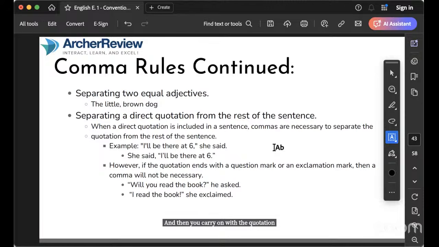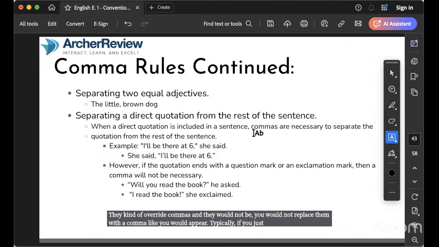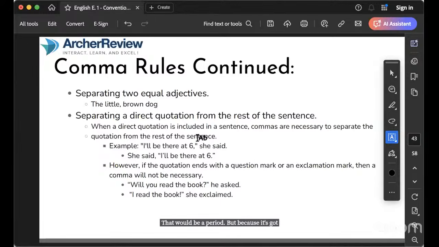Now, if a quotation ends with a question mark or an exclamation mark, they kind of override commas, and you would not replace them with a comma like you would up here. Typically, if you just said, "I'll be there at 6," that would be a period. But because it's got the tag behind it, you put the comma.